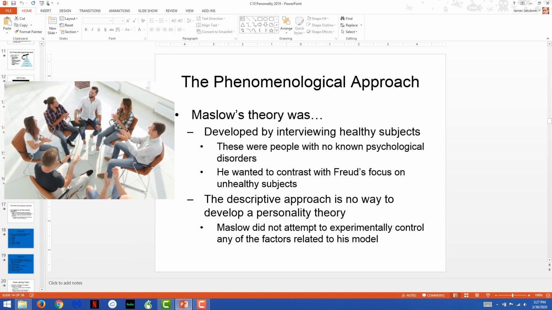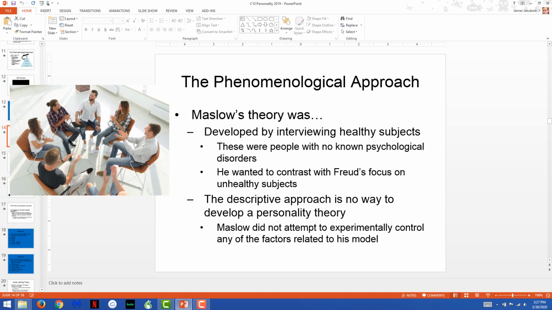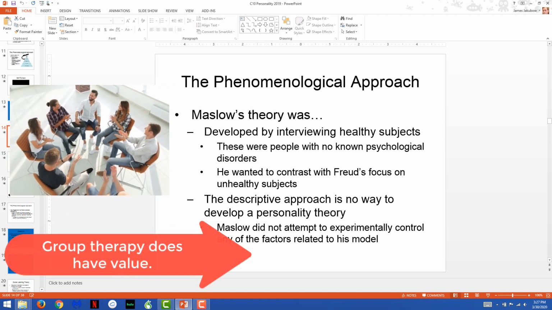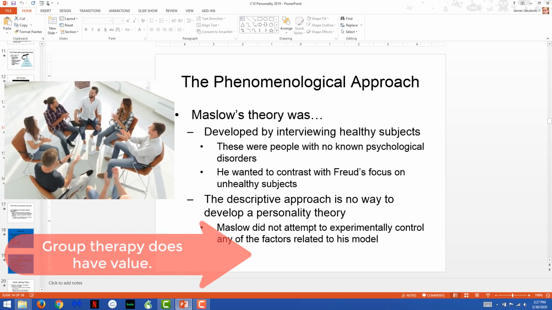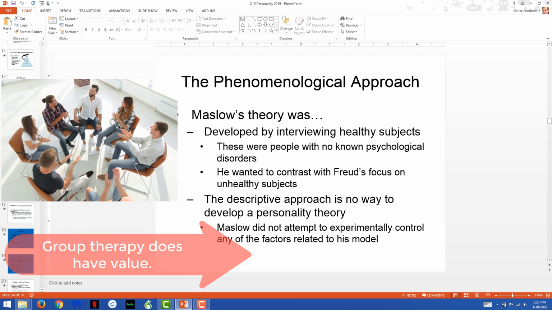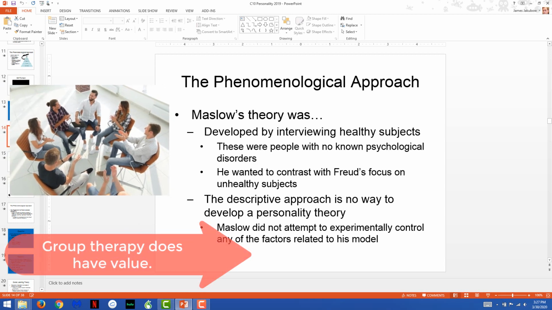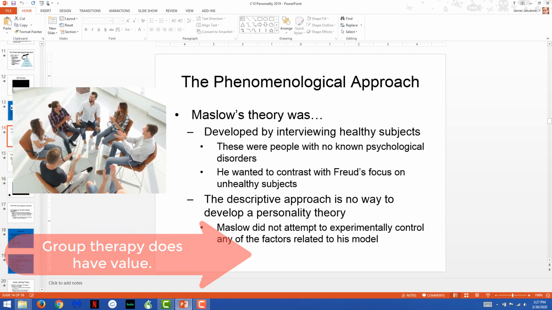And group therapy does have significant value under certain circumstances. So don't believe that I'm telling you group therapy is of no value. Group therapy existed before the time of Maslow, before the 1960s, but it was really activated by therapists as a way to engage all the people that were trying to come in to just become better individuals.